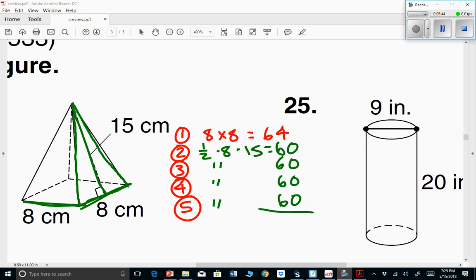And that should all add up to 304. Keep our units, which would be centimeters. This is surface area, which has the word area in it, so it's square units.